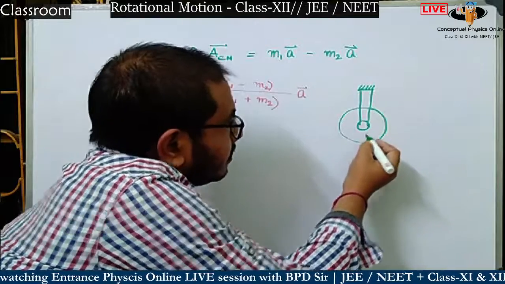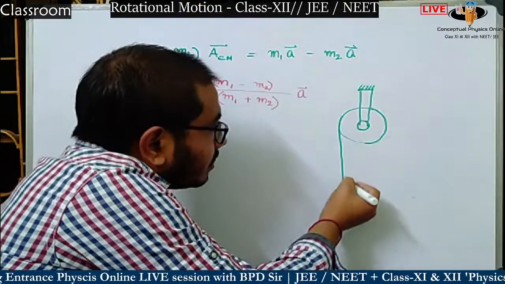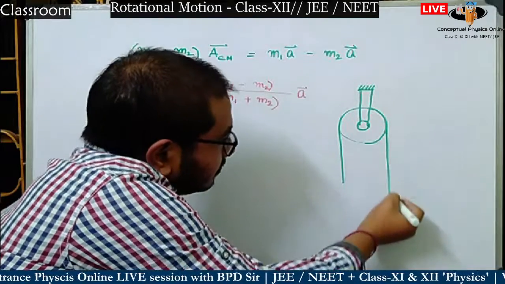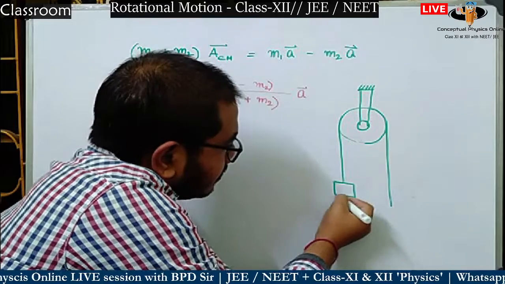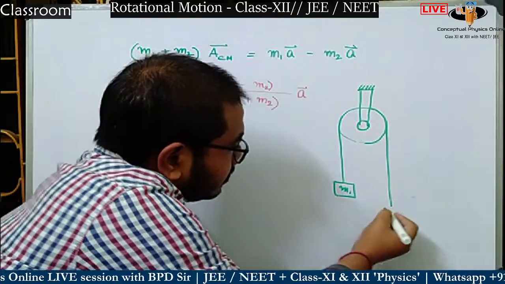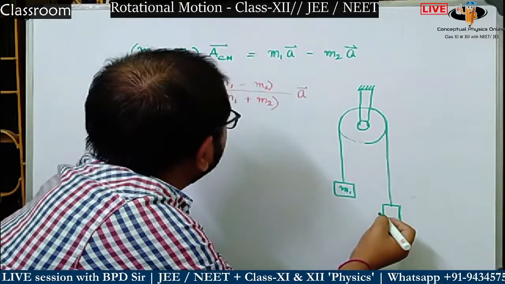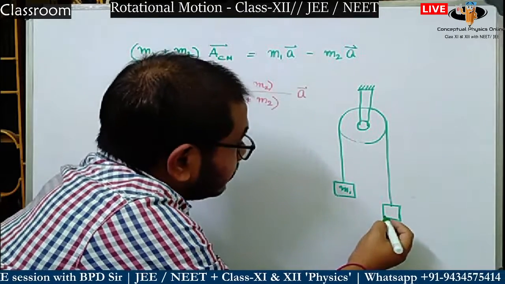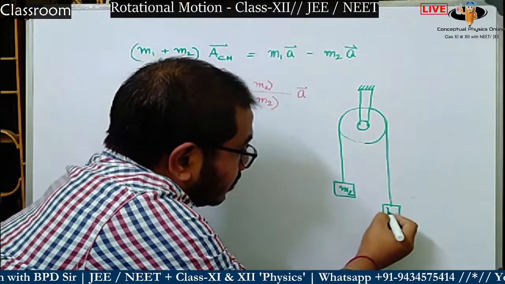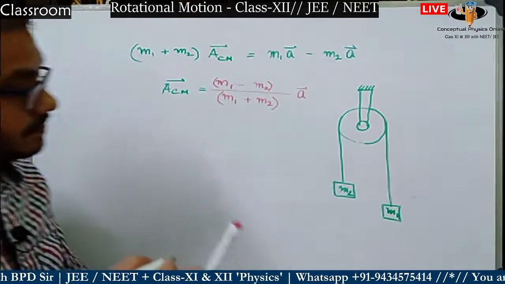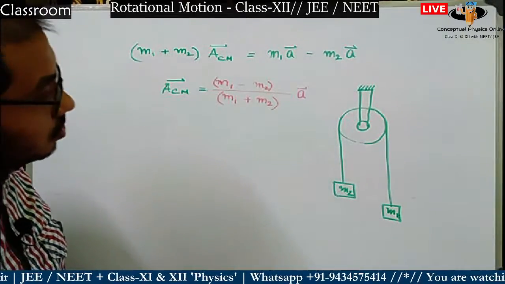Consider this case, along which the thread has been passed. Let's take this as m2 and this as m1.